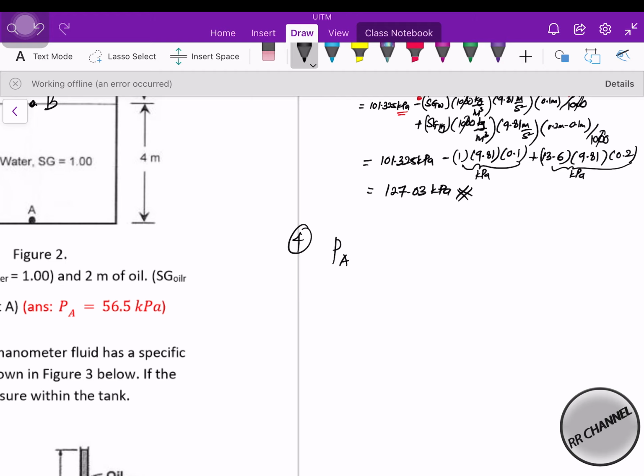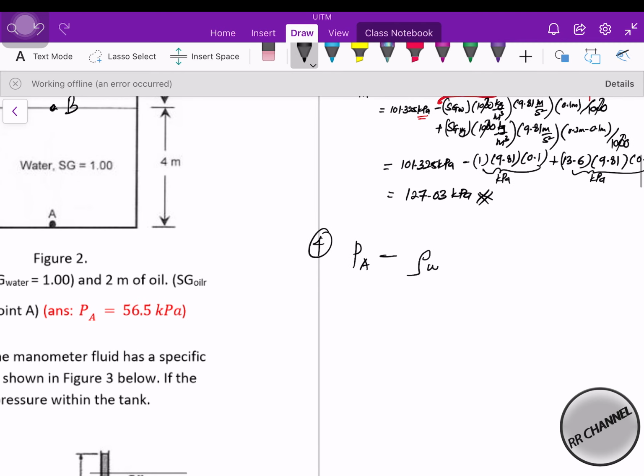Okay, so here if we start from point A, PA, this is question number 4. When we go upside, we need to put a minus sign: minus rho of the water, multiply with G, multiply with the distance or the depth between point A to B, HAB.